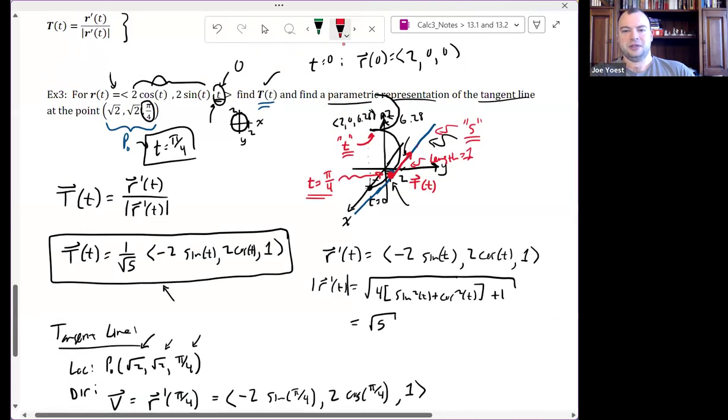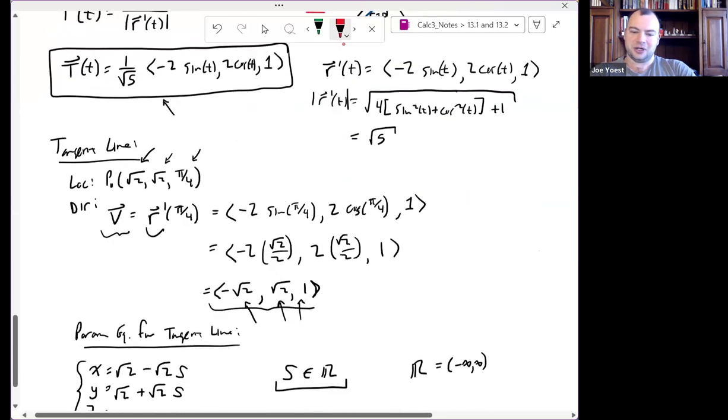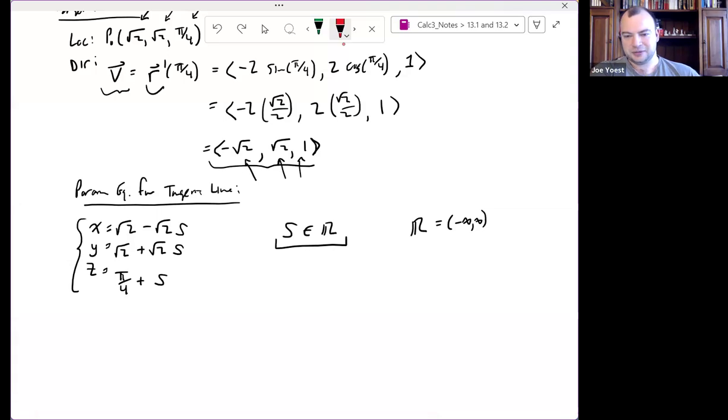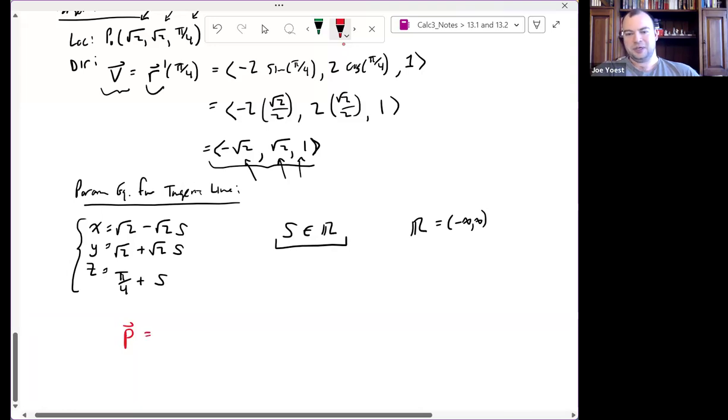It's the vector function for the space curve. I might call it, I don't know, P or something like that. P equals XYZ, where those are my XYZ.